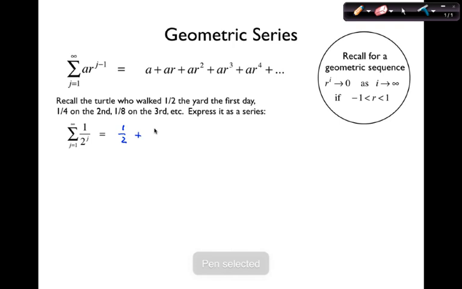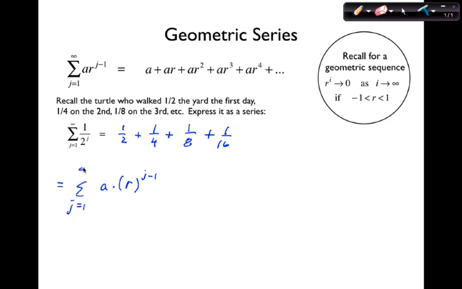So this is exactly what the turtle did, right? Now I want to write this as A times R to the j minus 1 to make it look like a geometric series. How can I make 1 over 2 to the j equal to A times R to the j minus 1?